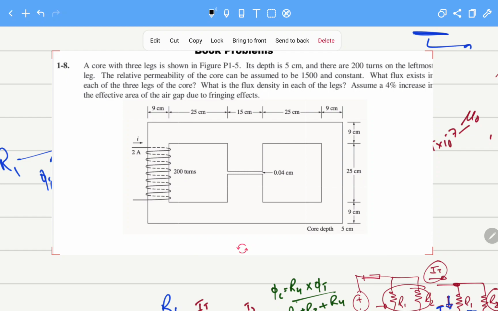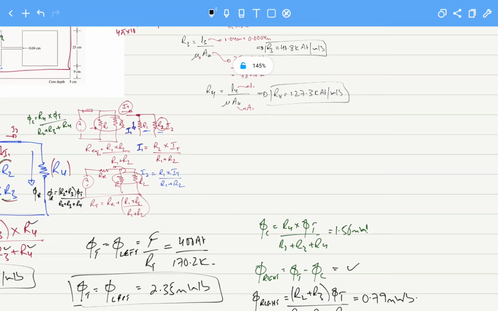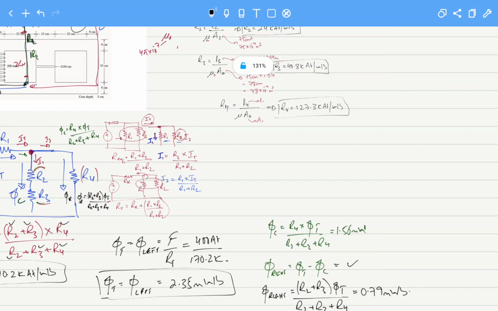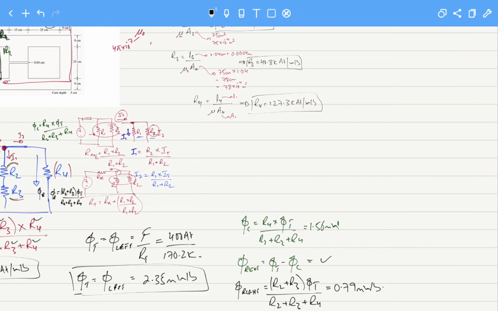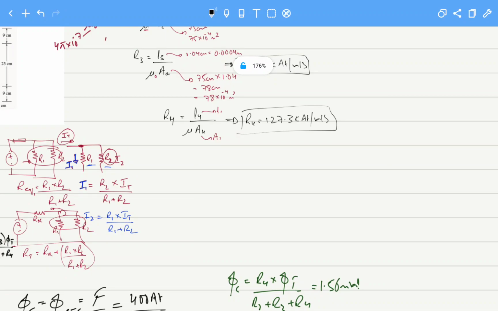What is the flux density in each of the legs? Flux density you can calculate very easily. So if you want to calculate flux densities, in the left side we have flux left divided by the area of cross section.